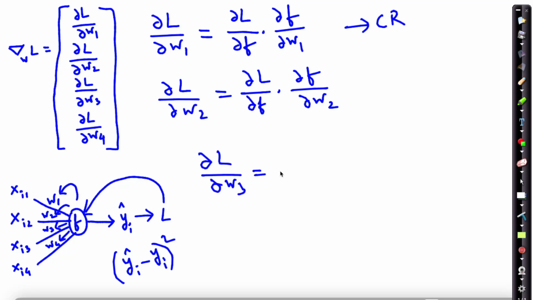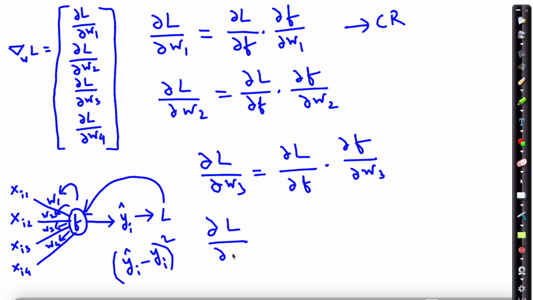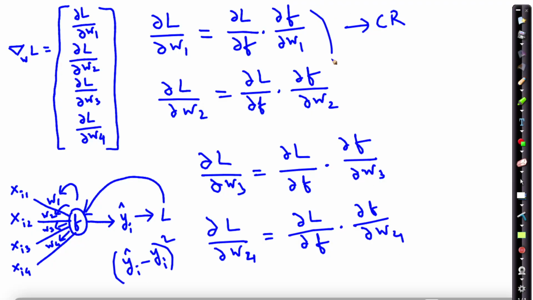For W3, it is dou L by dou f multiplied by dou f with respect to dou W3, and the last one, the partial derivative with respect to W4, is dou L by dou f multiplied by dou f by dou W4. Done. So these are the four elements of this particular column vector.